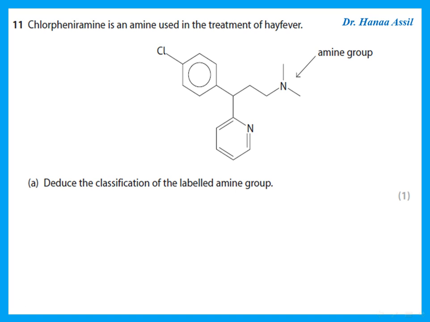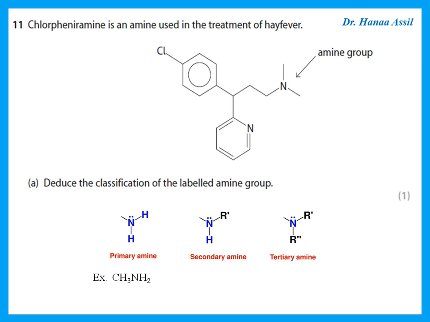This compound is an amine, and it is used in the treatment of hay fever. Deduce the classification of the labeled amine group. Okay, what do we mean by classification of an amine group? Remember that amines can be classified as primary or secondary or tertiary, depending on how many substituents we have on the nitrogen of the amine. So if I have 2 hydrogens, and that means I have only 1 methyl group attached, then this is a primary amine.